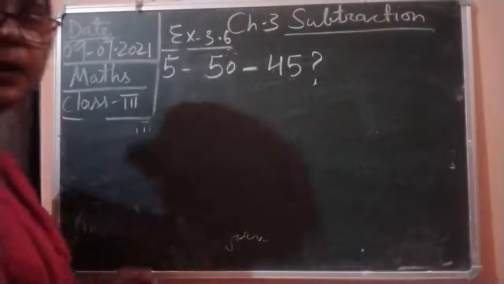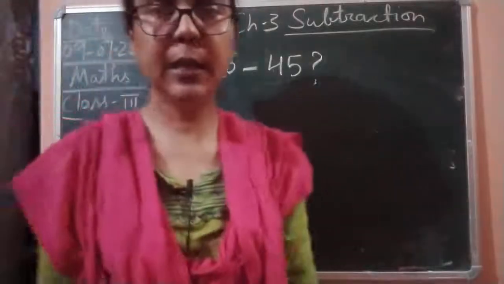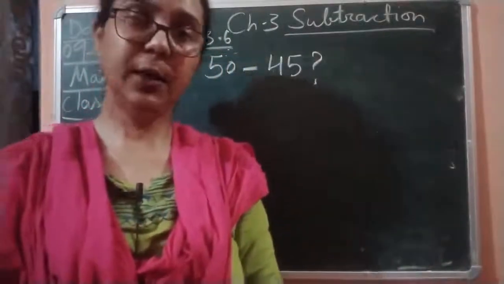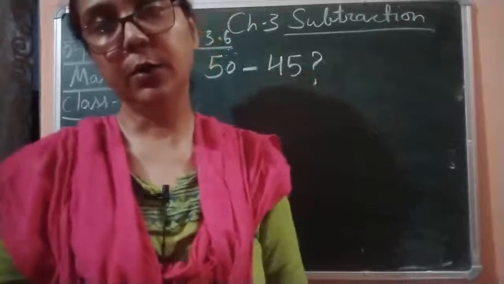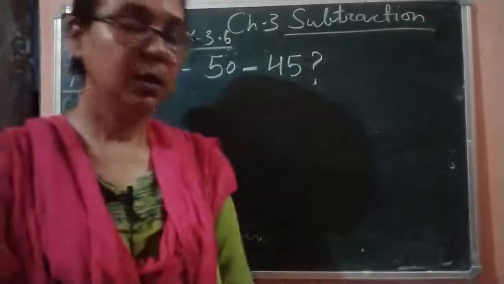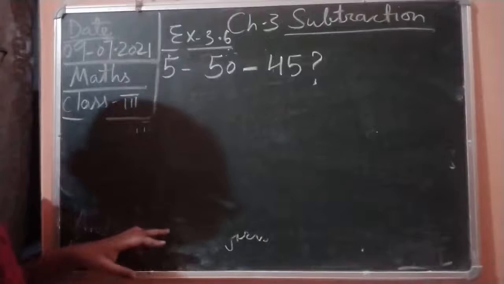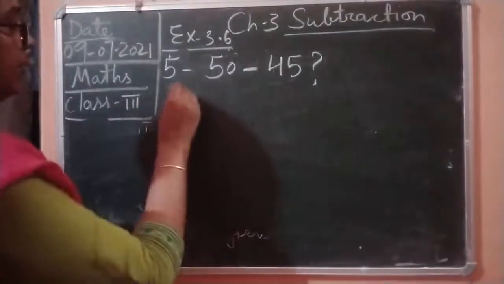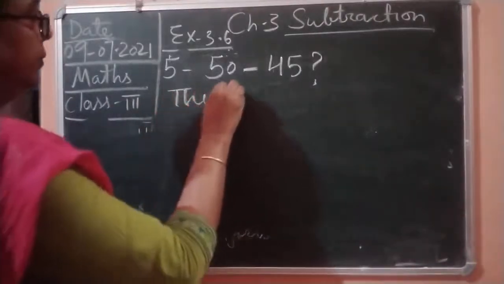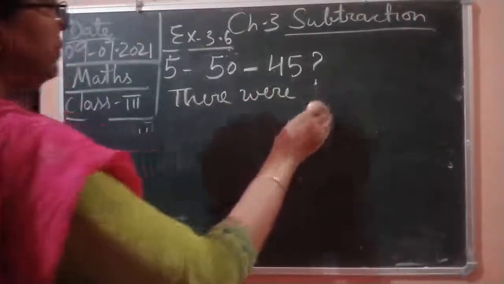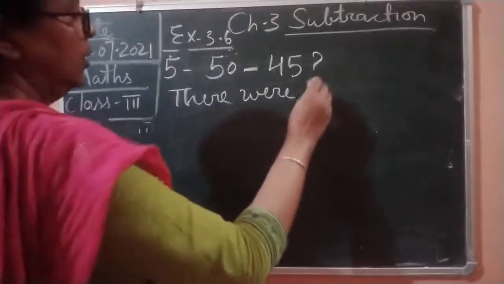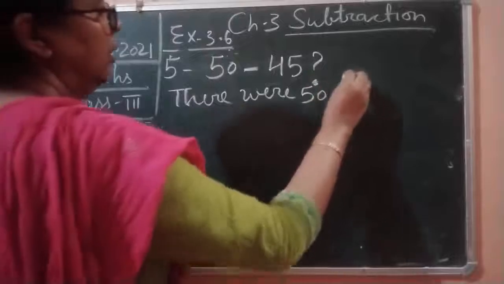So children, now let's start. We can make anything, we can take any object, okay, to create word problems. So now we will write over here that there were 50 bats.